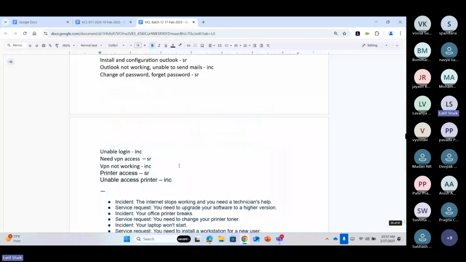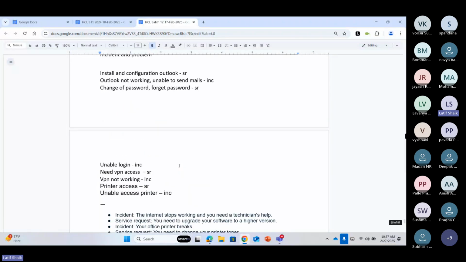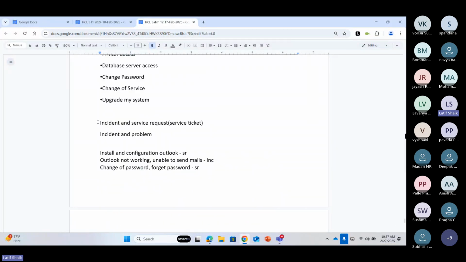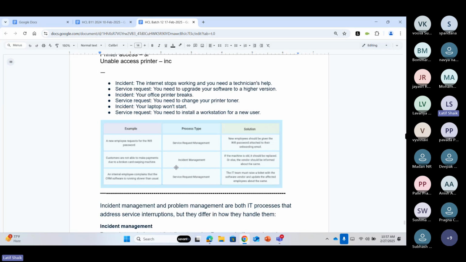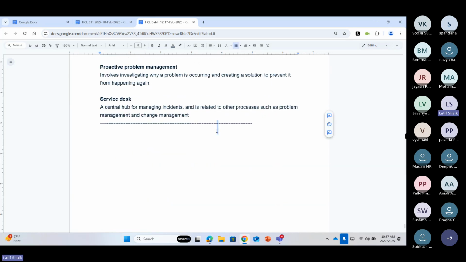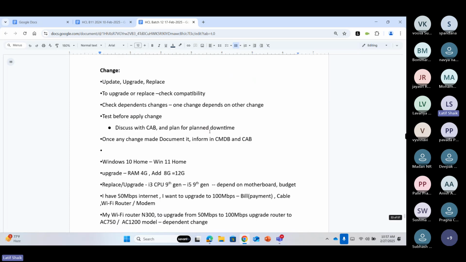Service request. A common question is the difference between an incident ticket and a service ticket. So I've given some scenarios, some points here, some collected from other resources. If we have time, I will also try to give a small demo on the voice ticket.